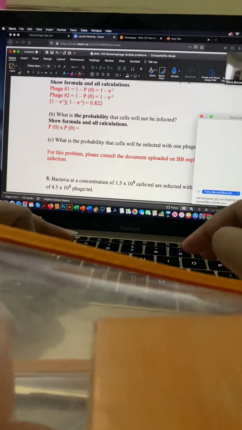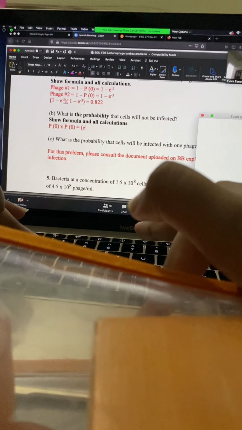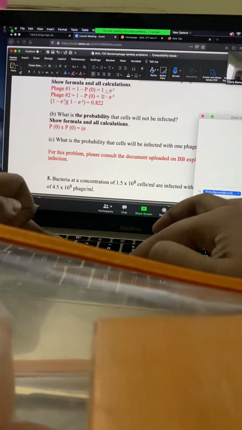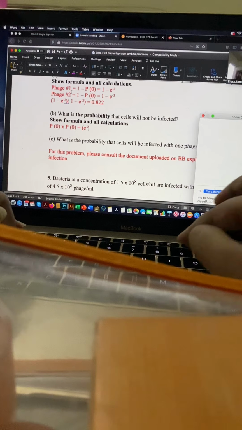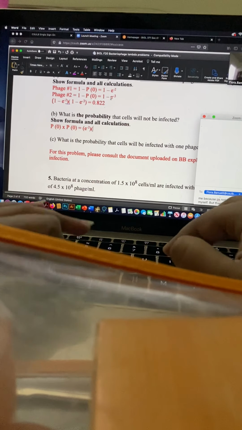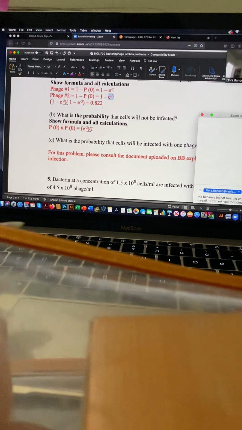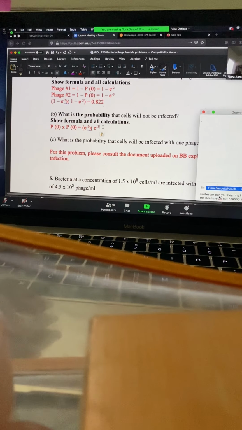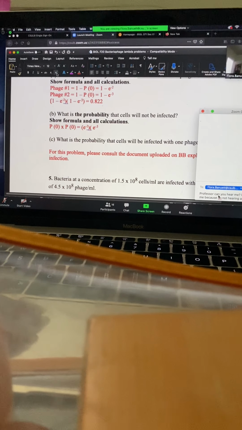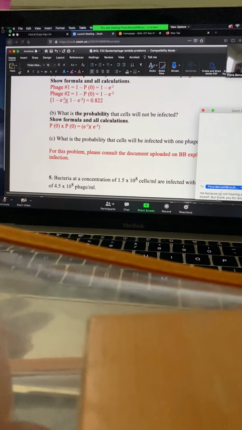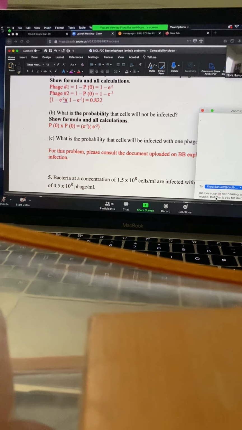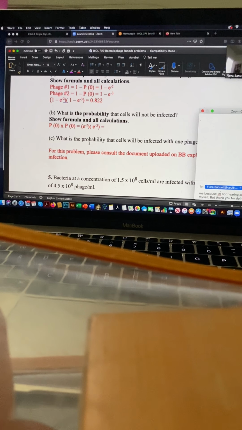So that equals e to the minus 2 times e to the minus 3. So the product of these two is the same as e to the minus 5, right? It's the product of this.